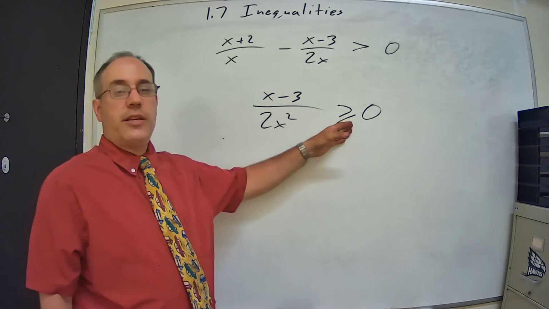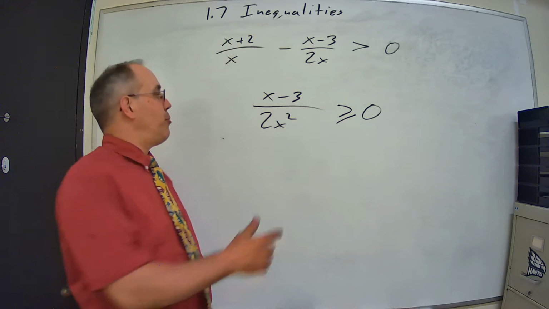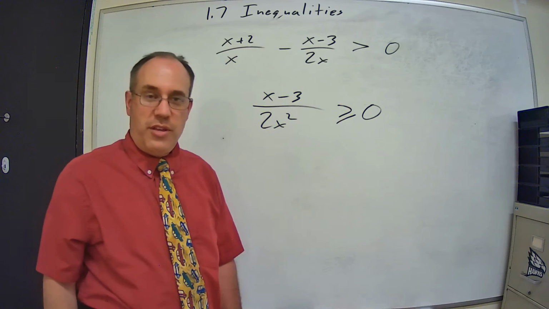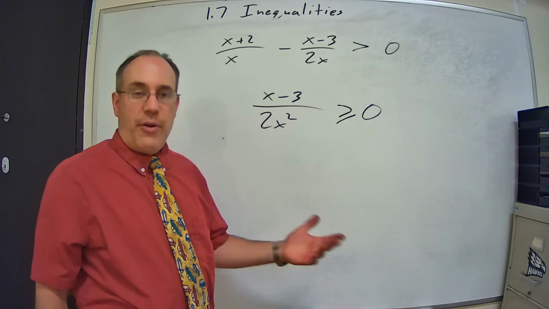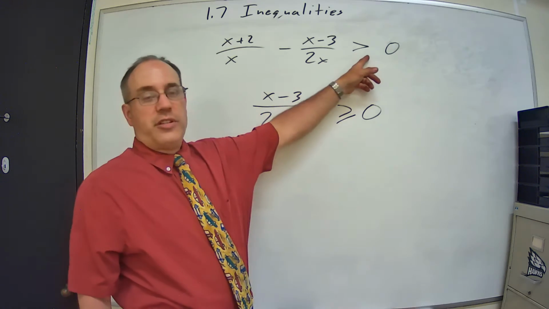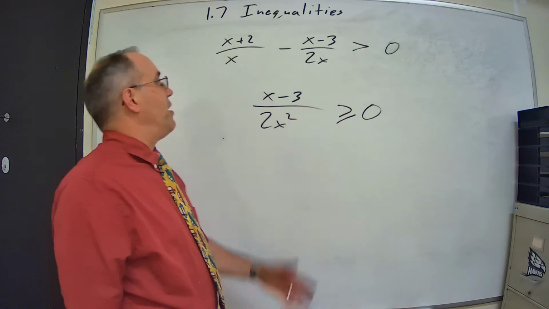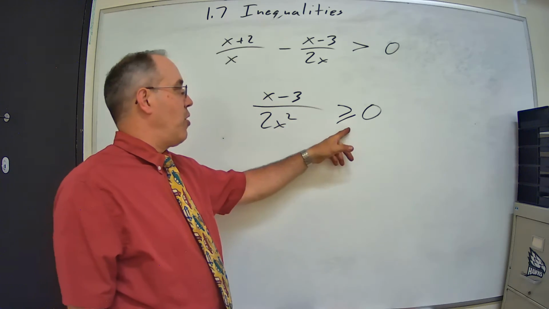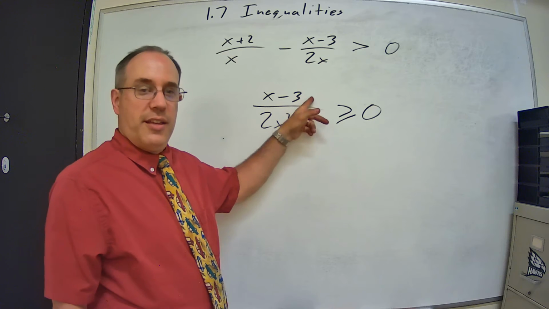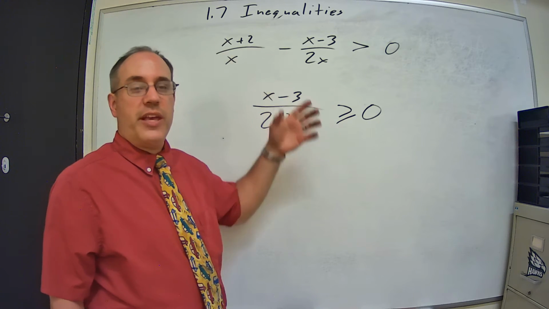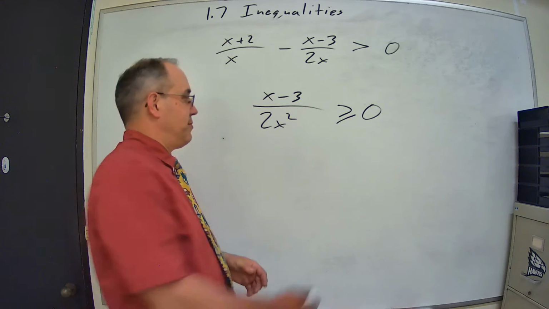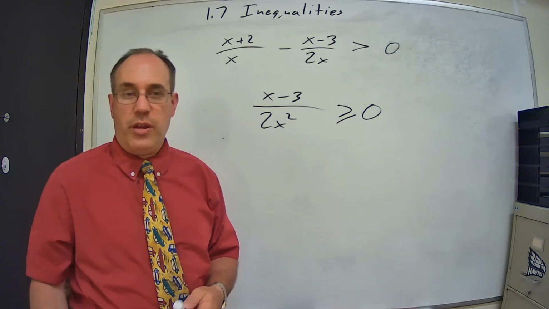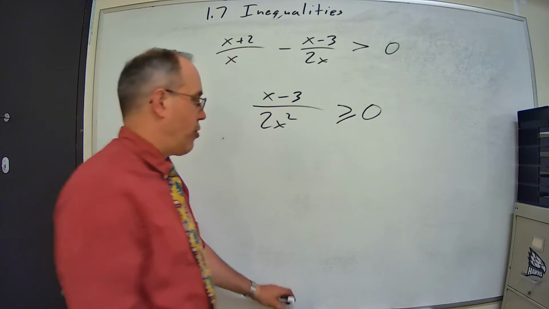So we have to take any endpoints that came from the numerator and test those to make sure they work. In general, if you have a strict inequality, then none of those endpoints are going to be included. If you don't have a strict inequality, then generally the endpoints of the intervals that work will also be included. But it's always good to check just to make sure.